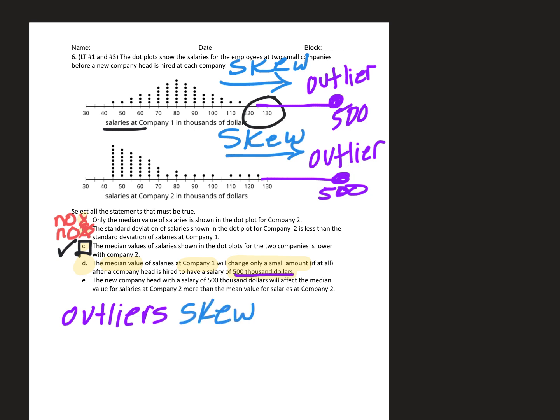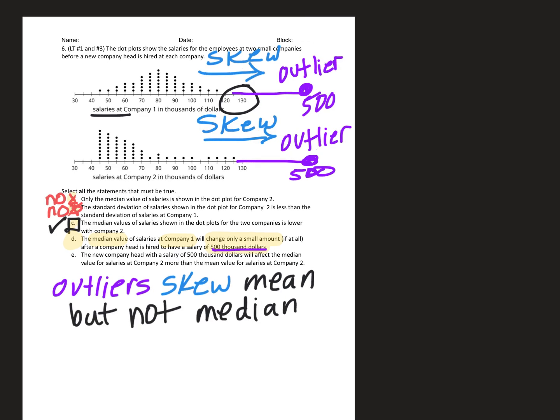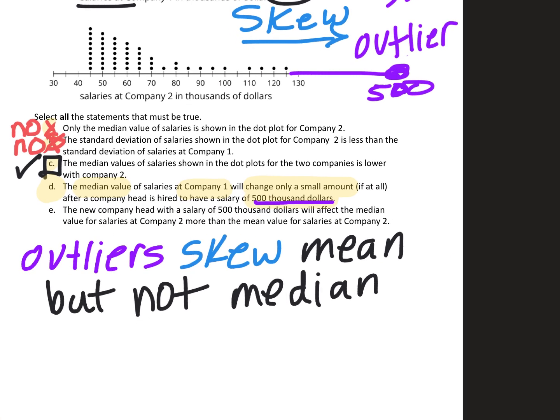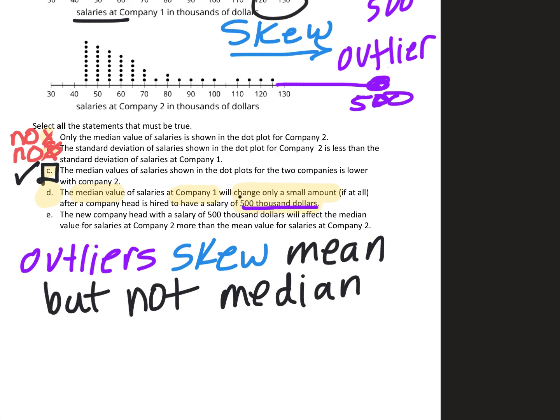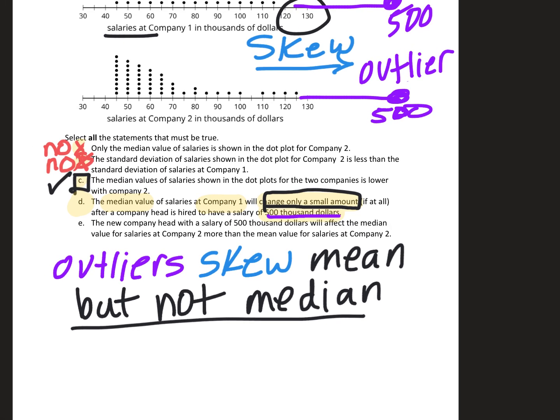Outliers skew the mean, but not the median. So if we added an outlier, the median value would change only a small amount because it does not skew the median as much as the mean. So that means that option D is correct.